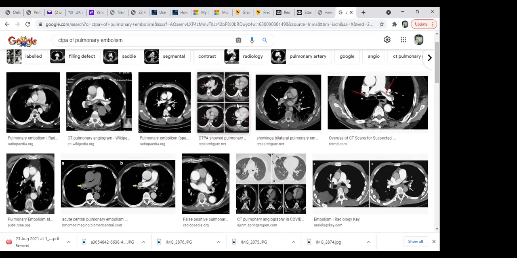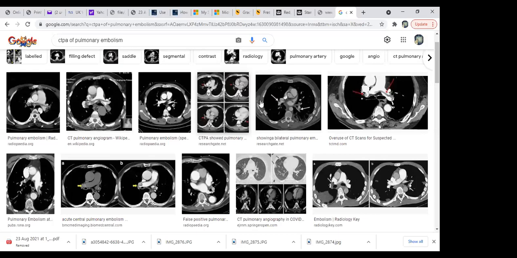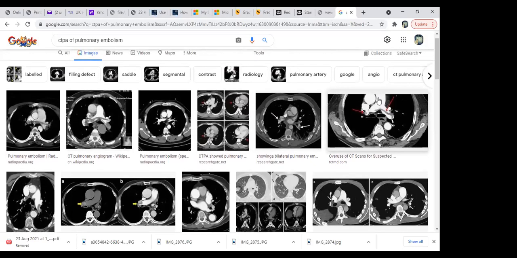But the advantage with the CTPA is that if there are any other condition apart from a pulmonary embolism, maybe the patient has a pneumonia or something, a lung collapse or whatnot, your CT scan or CTPA will tell you what condition might be present. Okay, so that's the advantage that CTPA comes with, and that's what we do in Ghana for our patients who we think have a PE.